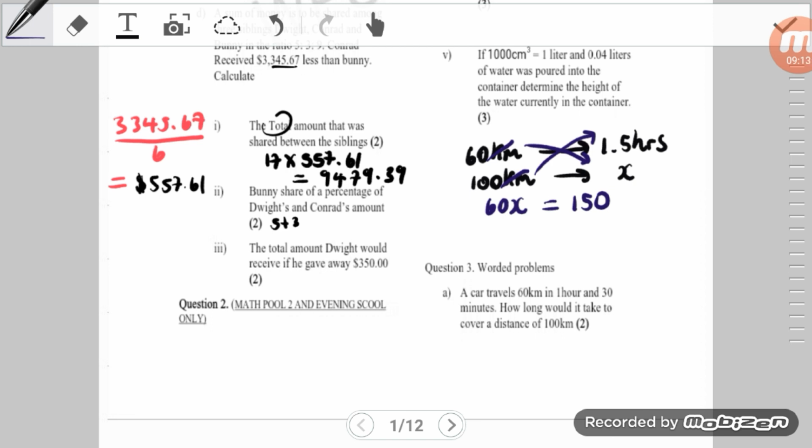So if you were to say 60x is equal to 150 and divide both sides by 60, then you're going to find that your answer here works out to be equal to 2.5 hours. So that's 2 hours and 30 minutes is what it would take for you to travel a distance of 100 kilometers.